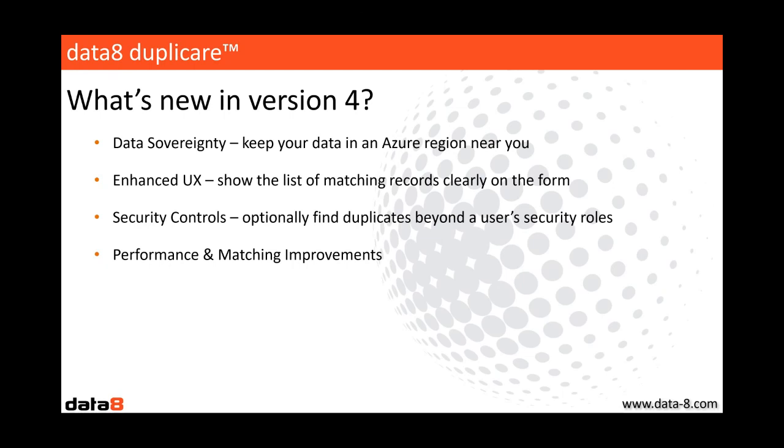The two big ones really are these data sovereignty options. We can now select to have that data processed across different Azure regions of your choice. So if you are in the US, your data can't leave the US, we can now process it in the US. And likewise, we can spin up that in different Azure regions around the world.